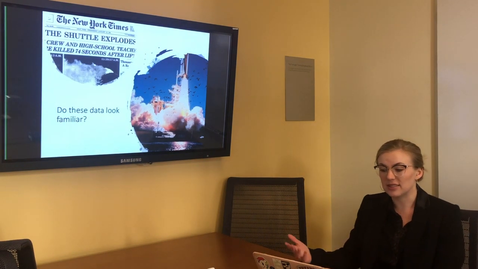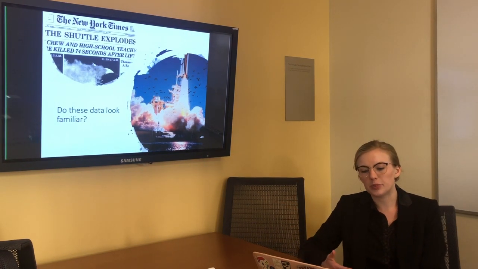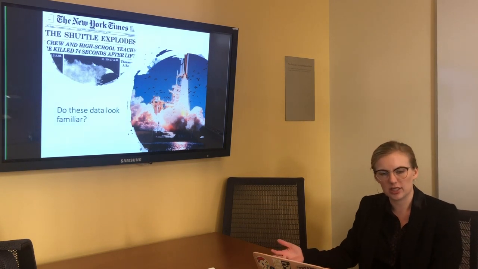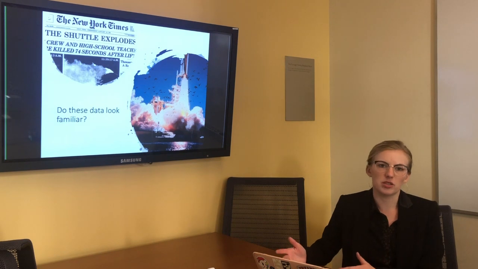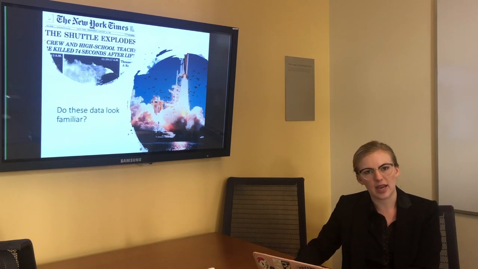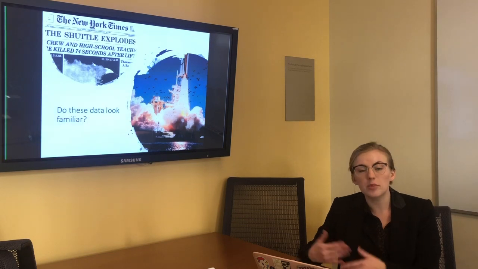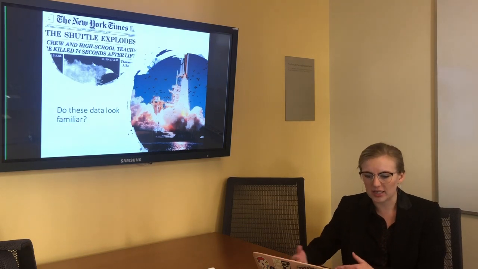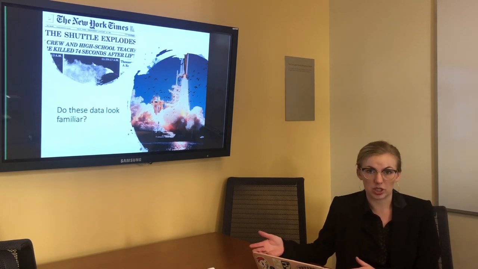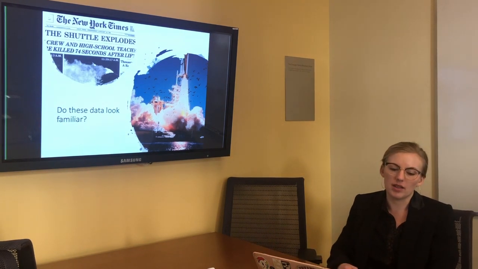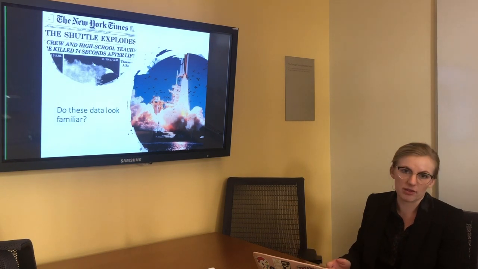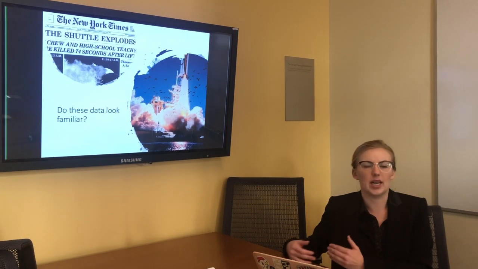So this data is designed to be modeled off of the Challenger shuttle decision. And the Challenger shuttle, if you're not familiar, blew up 74 seconds after liftoff. Leading up to the decision to launch the rocket, they had repeated O-ring failure at low temperatures, but they were only looking at instances where O-rings had failed and not instances where they had not failed.